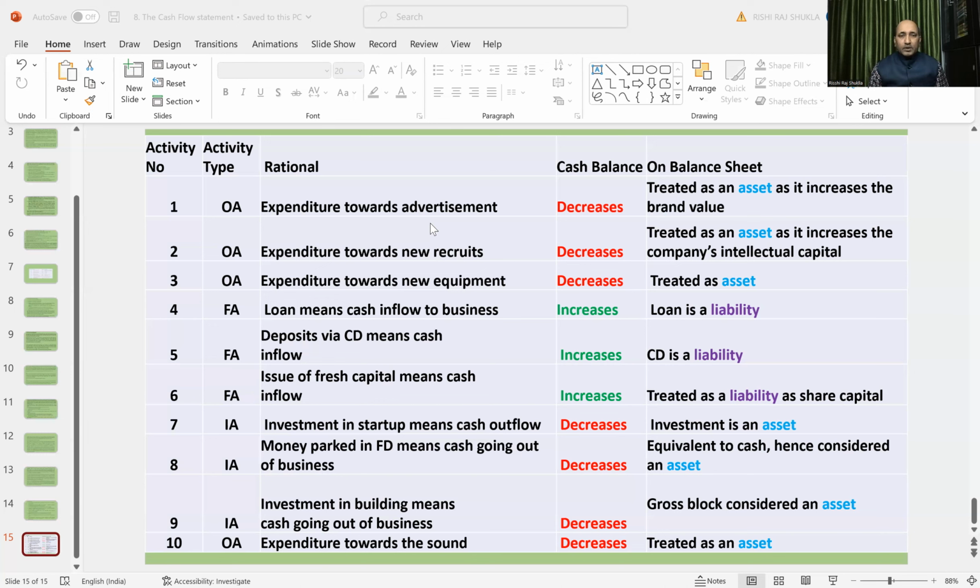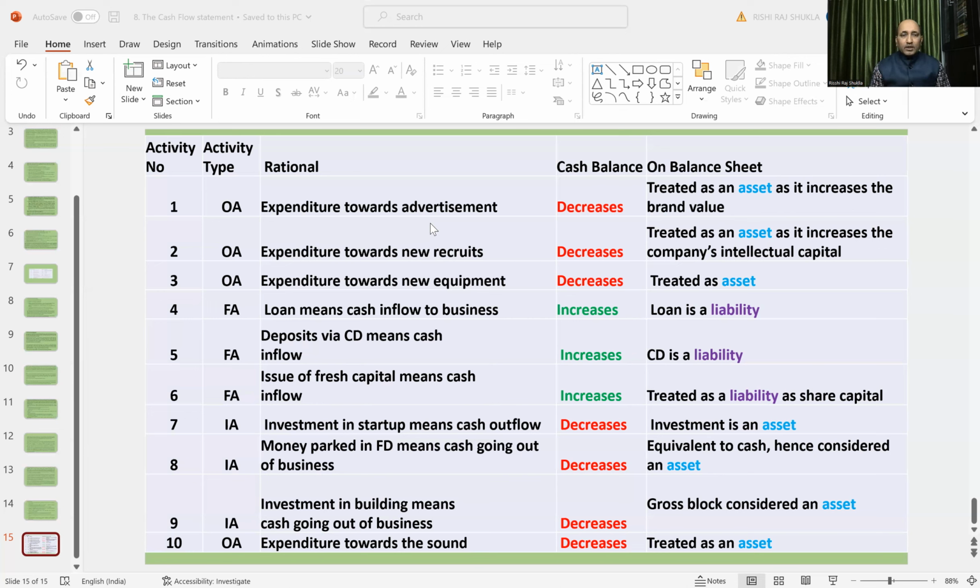Inflow of fresh capital means cash inflow from friends or someone. This is increasing capital, but we have to repay whenever the company is dissolved. So it will be treated as a liability or as shareholders' capital, shareholders' equity.